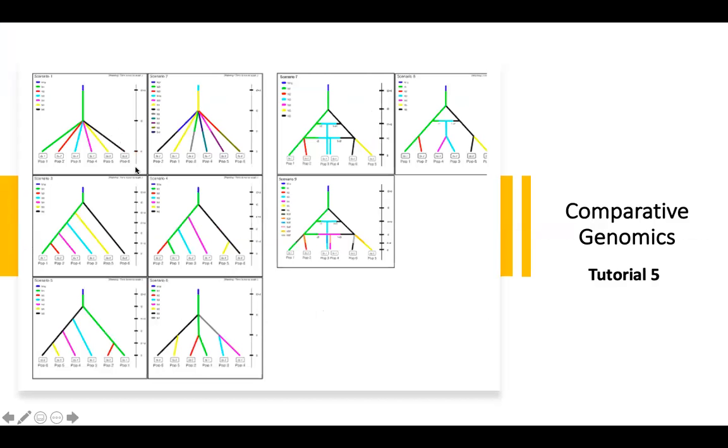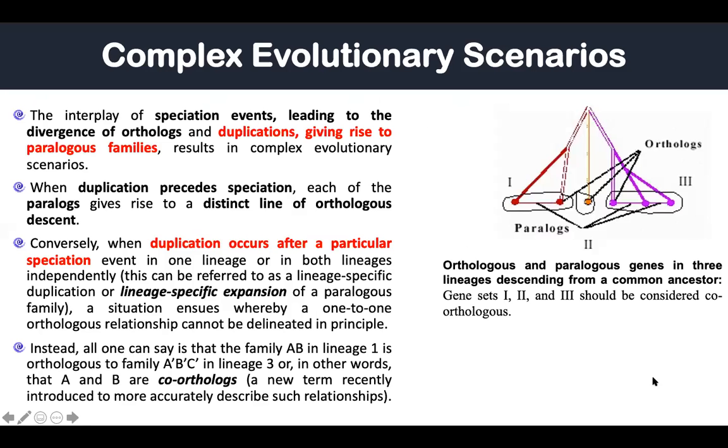But if you have multiple speciation events and duplication events, you will start to have very complex looking evolutionary trees. So for instance, when duplication precedes speciation, which means duplication happens before speciation, each of the paralogs will give rise to distinct lineages of orthologous descent.